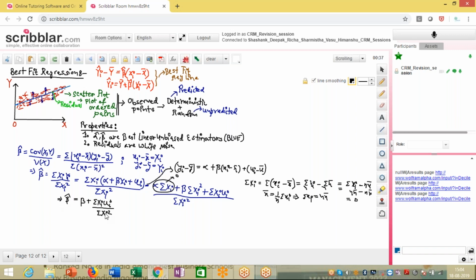Now observe that this is xi by summation xi square. By the assumption of the linear regression model, I know that this is a constant, because the xi's are non-stochastic.